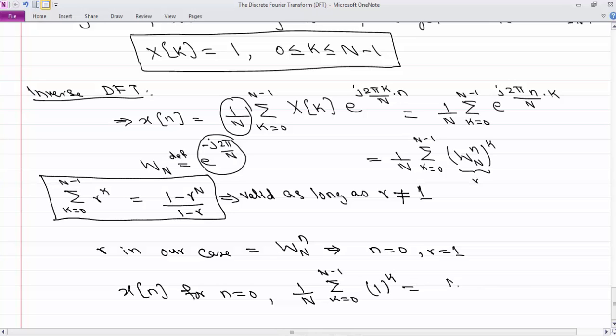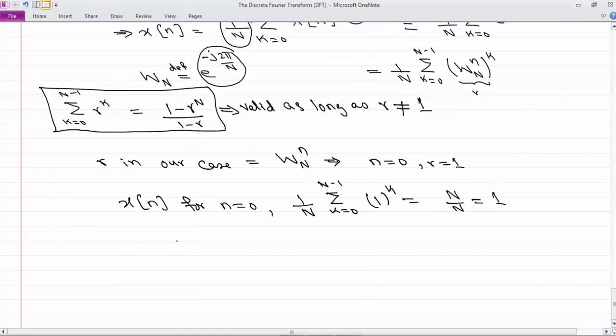It doesn't matter what the power is. We get N divided by N, which is equal to 1. Okay. Now for n not equal to 0, and we still have to be careful, but it turns out for any other value, for n not equal to 0 up to n equal to N minus 1, indeed r is not equal to 1. Right?